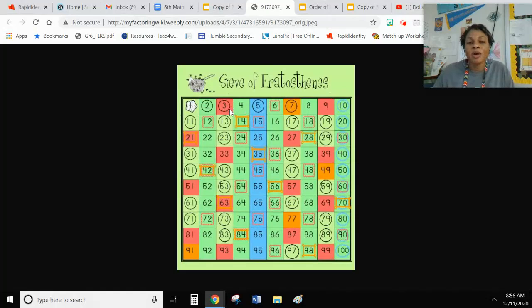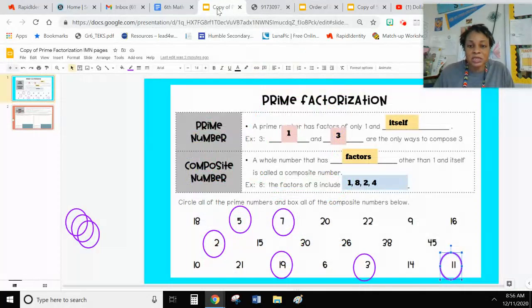All the reds can be evenly divided by 3. All the blues are numbers divided by 5, and so on. So 2 is circled, 3 is circled, 5 is circled, 7 is circled, 11 is circled, 19 is circled. So 19 is definitely a prime number based on the sieve of Eratosthenes. So I think we got them all.